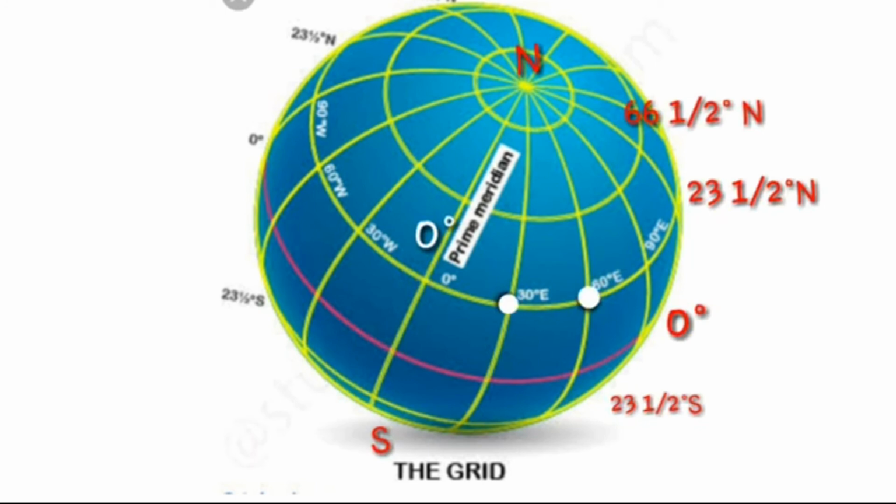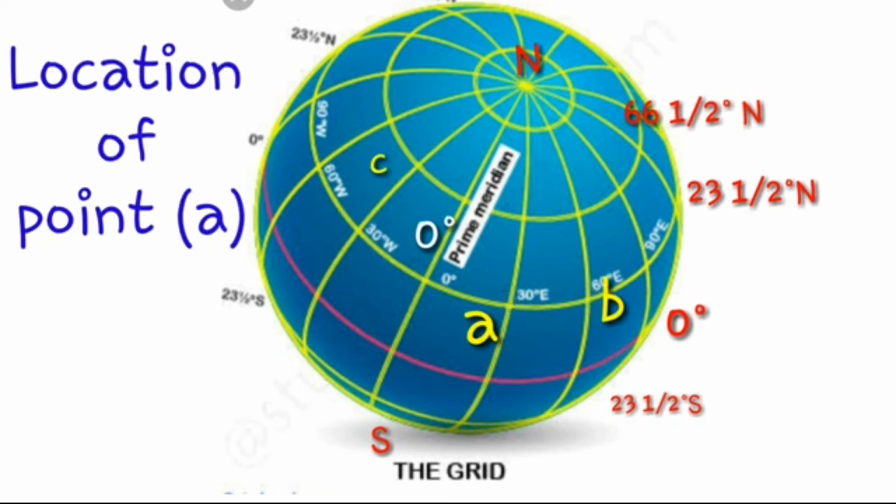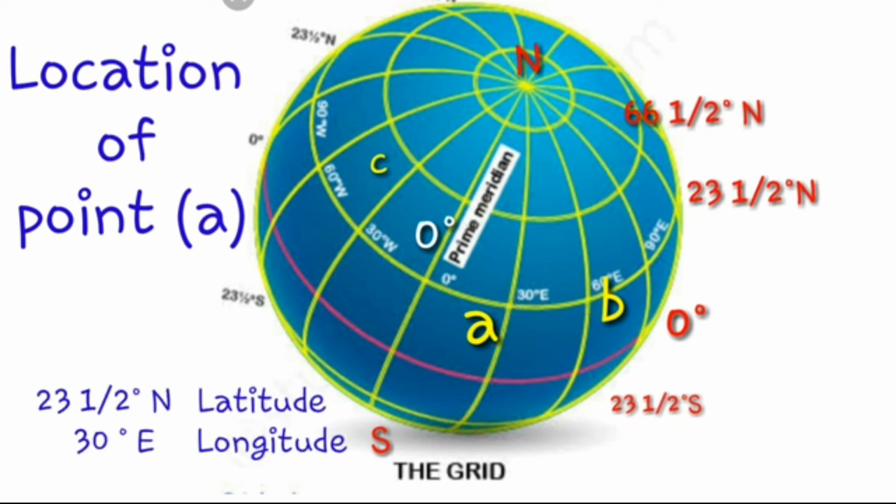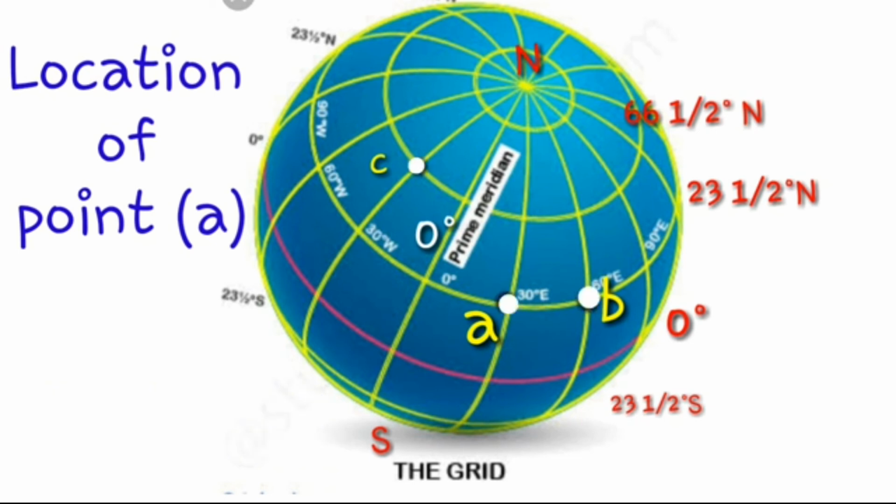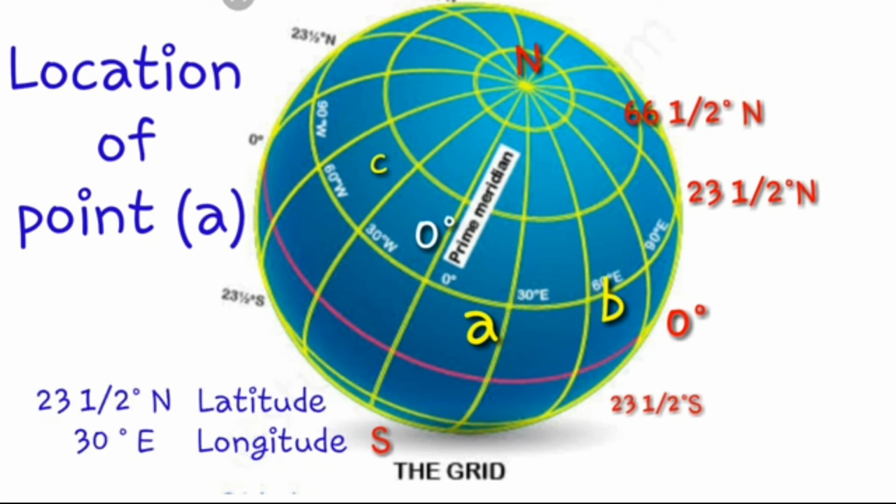Now let us try to find the location of these points that are blinking on the screen. We'll name these points as A, B and C. Now let us see what is the location of point A. So students, in the picture you can see point A is located on 23.5 degrees north latitude and 30 degrees east longitude.